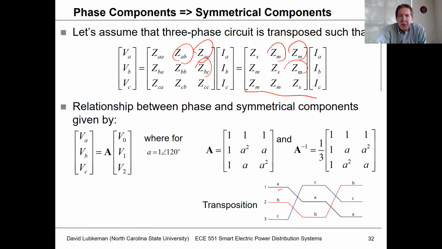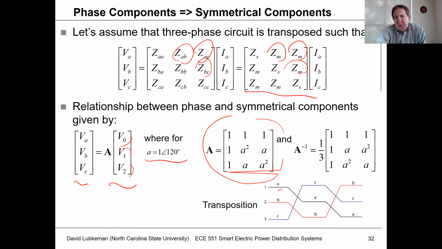for using symmetrical components. And when you use symmetrical components, that's a transformation between the actual phase coordinate values and the symmetrical component values, where we talk about a 0, positive, and negative sequence. This is given by a transformation matrix, which is a function of A, where A is a complex number, 1 angle 120 degrees.